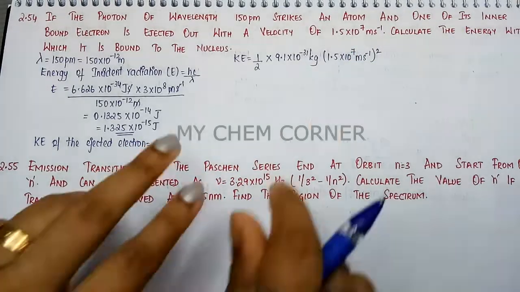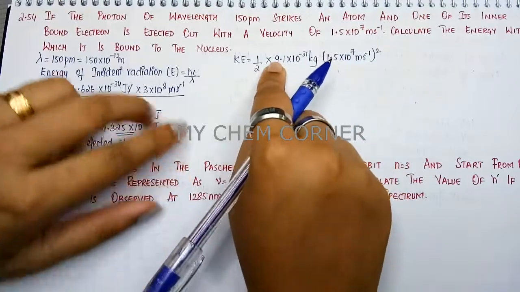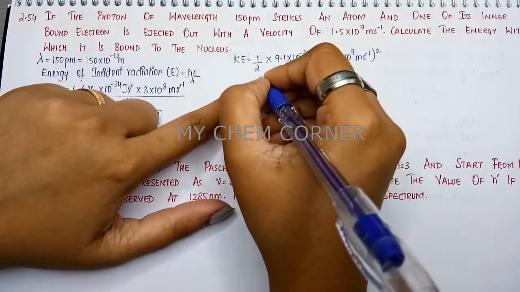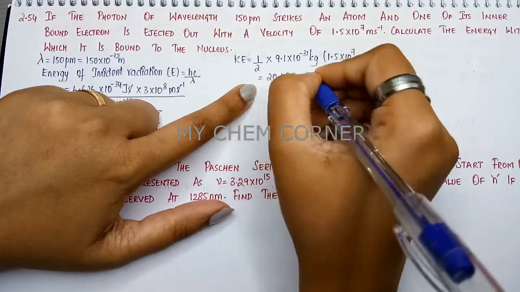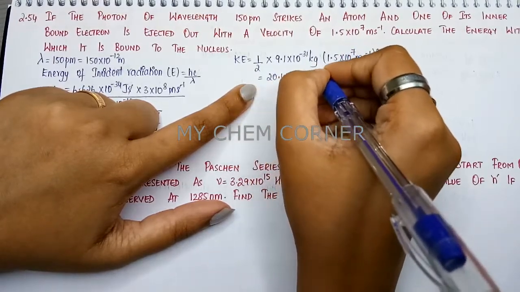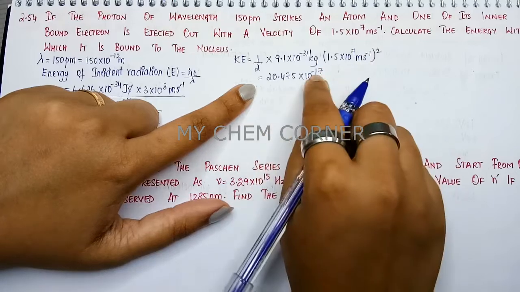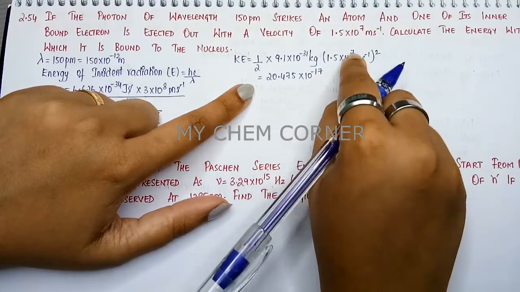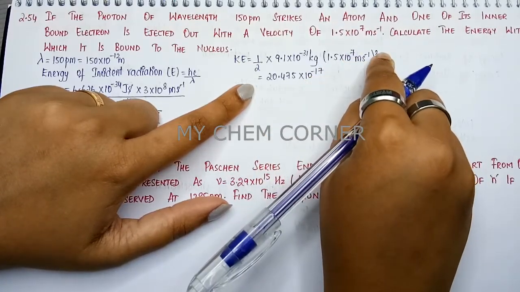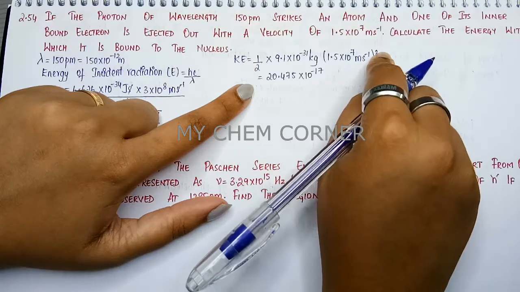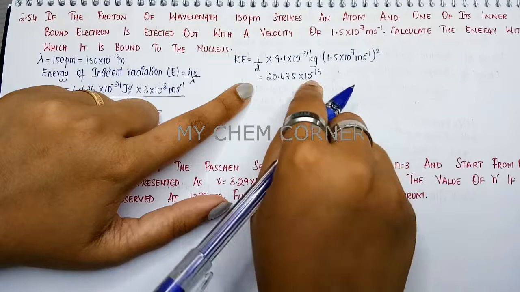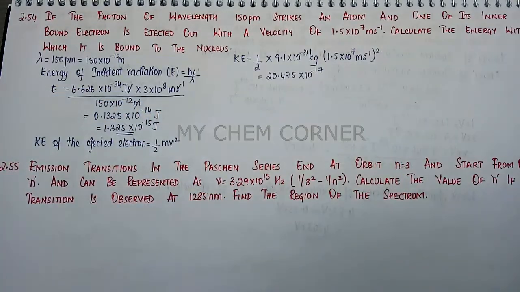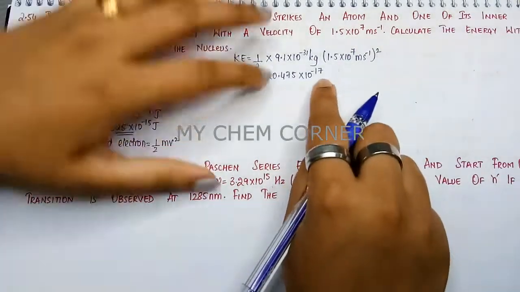Now when you square this up and multiply with 9.1, you will get 20.475 × 10^-17. How did I get minus 17 here? 7 into 2 is 14, which is 14 here. Now this 14 with 31 will give you minus 17.